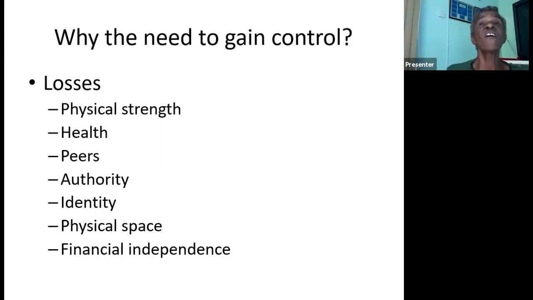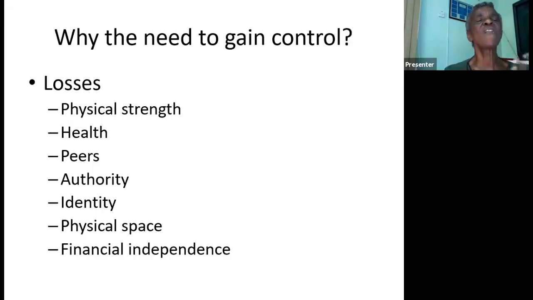They are losing authority. Now, many still maintain authority. Some older persons can speak to their grandchildren and they listen. But many times at this age they are so joyful about having grandchildren that the grandchildren tend to get away with some of the things their own children could not get away with.